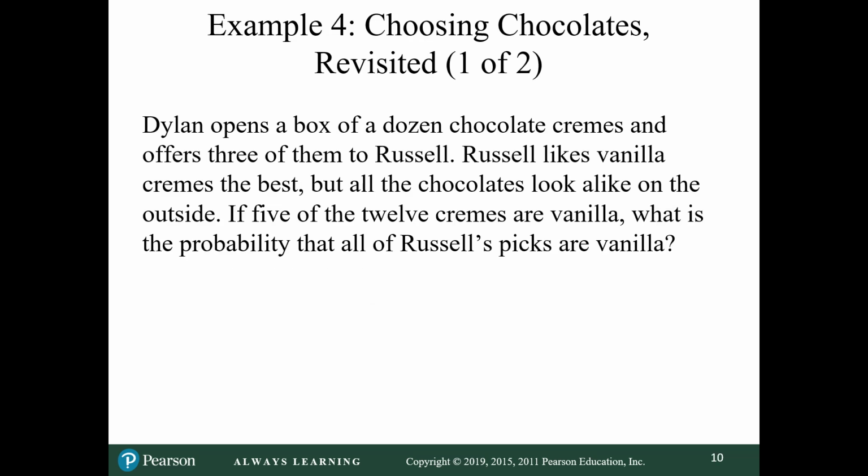All right, Dylan opens a box of a dozen chocolate creams and offers 3 of them to Russell. Russell likes vanillas the best, but all the chocolates look alike. If 5 of the 12 are vanilla, what's the probability that all Russell's picks will be vanilla?